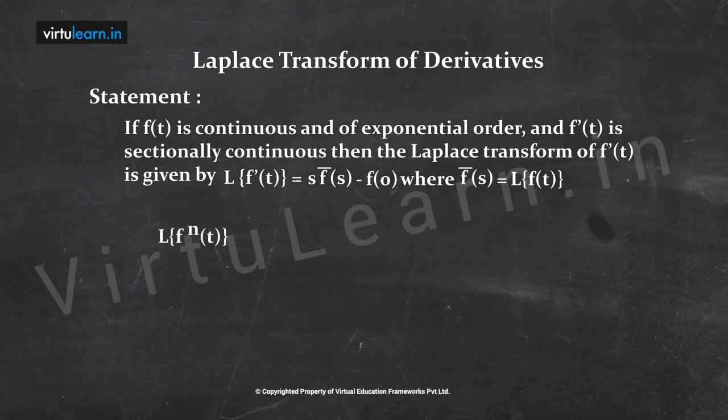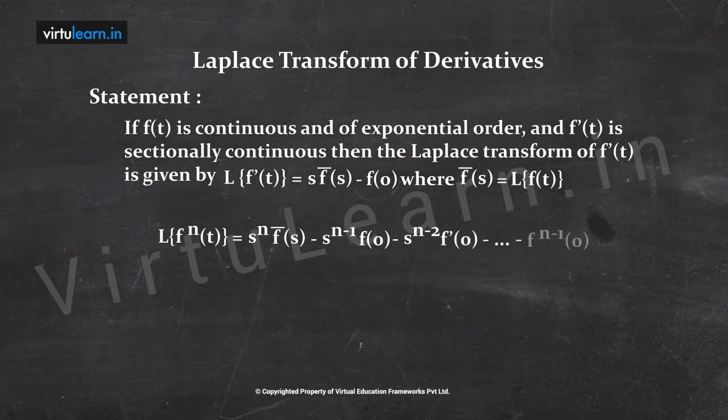Laplace transform of f power n of t, meaning the nth derivative of f of t, is s power n f bar of s minus s power n minus 1 f of 0 minus s power n minus 2 into f dash of 0 minus and so on, minus f power n minus 1 of 0. Observe that f dash of 0, up to f power n minus 1 of 0, means the n minus 1 times derivative of f at the value t equal to 0.